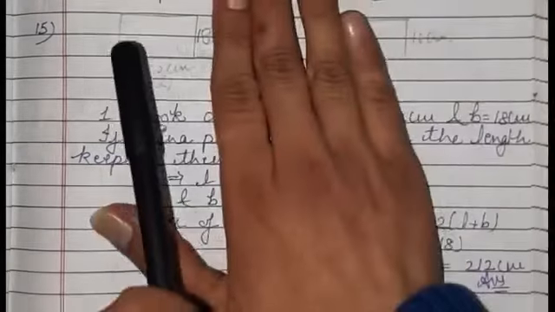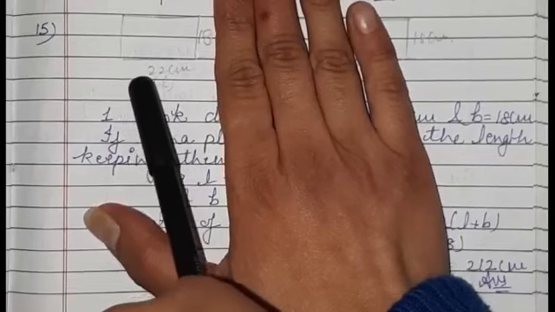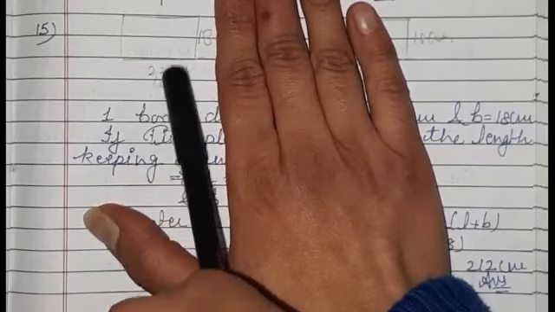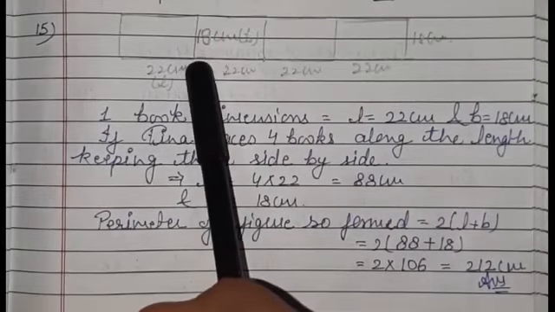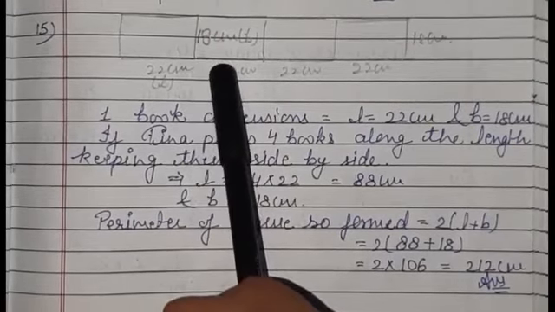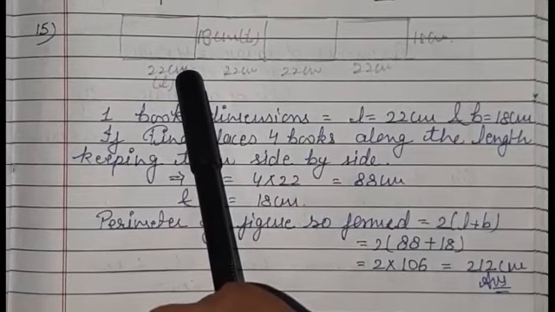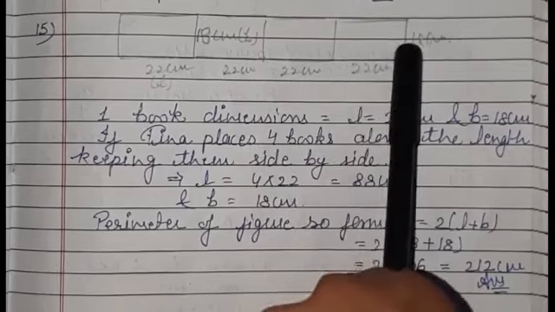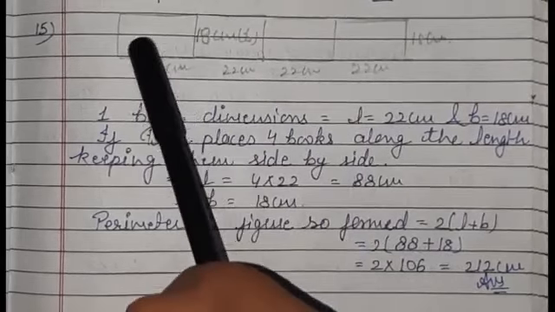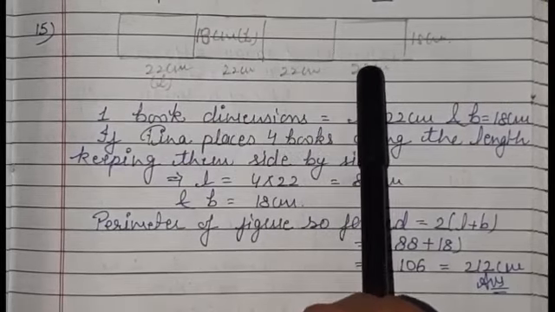Here, for one book, dimensions are length 22 centimeter, breadth 18 centimeter. When she places 4 books with the same measurement along the length, keeping them side by side, you can see this is the one book, this is the second, third and fourth.